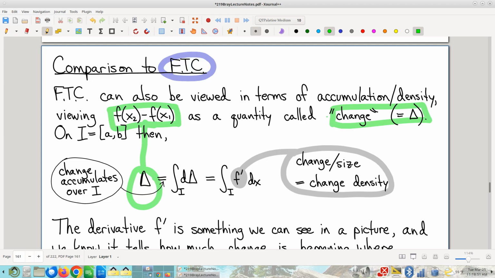Think of it as a way to compute change. And change is an accumulating quantity. So the fundamental theorem of calculus that you've used a bazillion times previously is just another example of an accumulating quantity that you can view as stuff that you can therefore compute as an integral. And we'll talk more details about this next time.